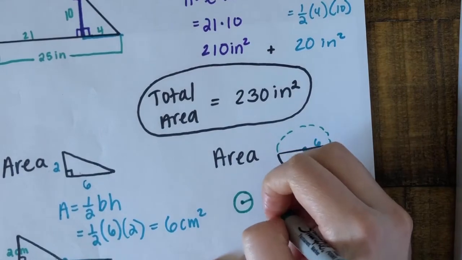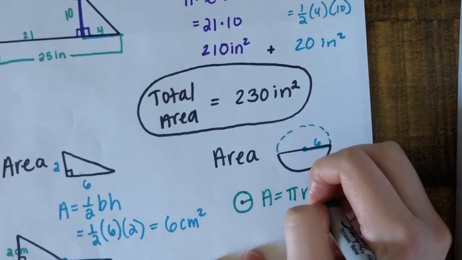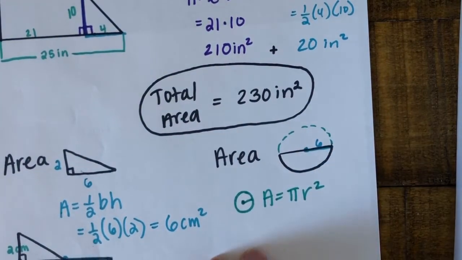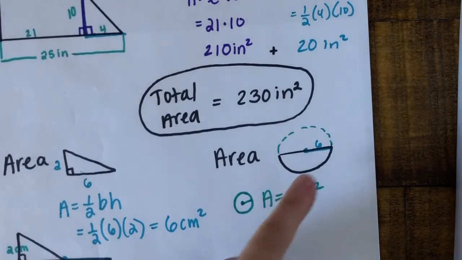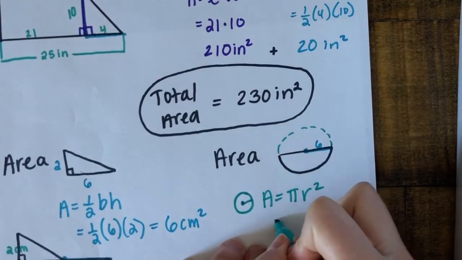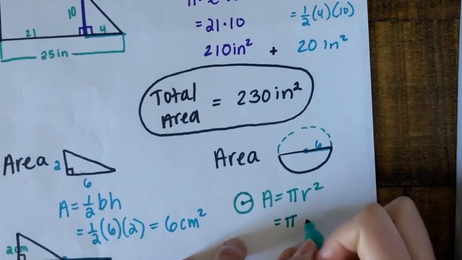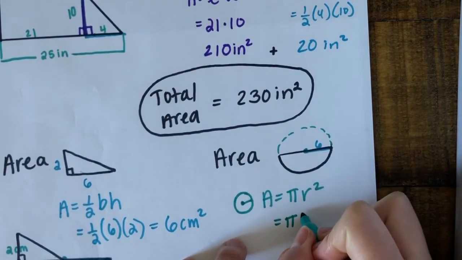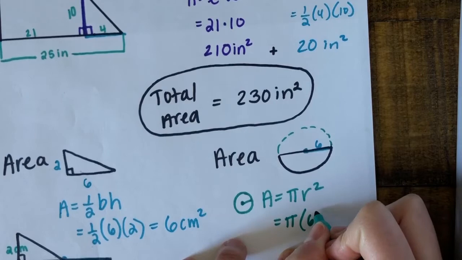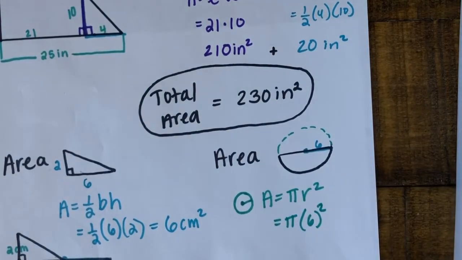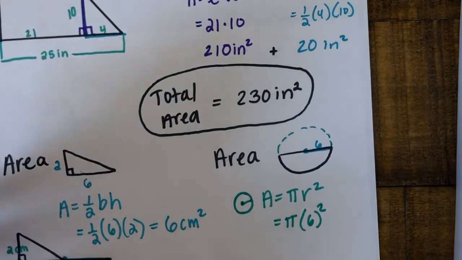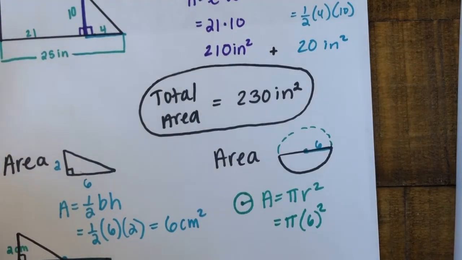The area is pi r squared. I know that my radius is 6, so I'll fill that in: pi times 6 squared. 6 squared is 36.